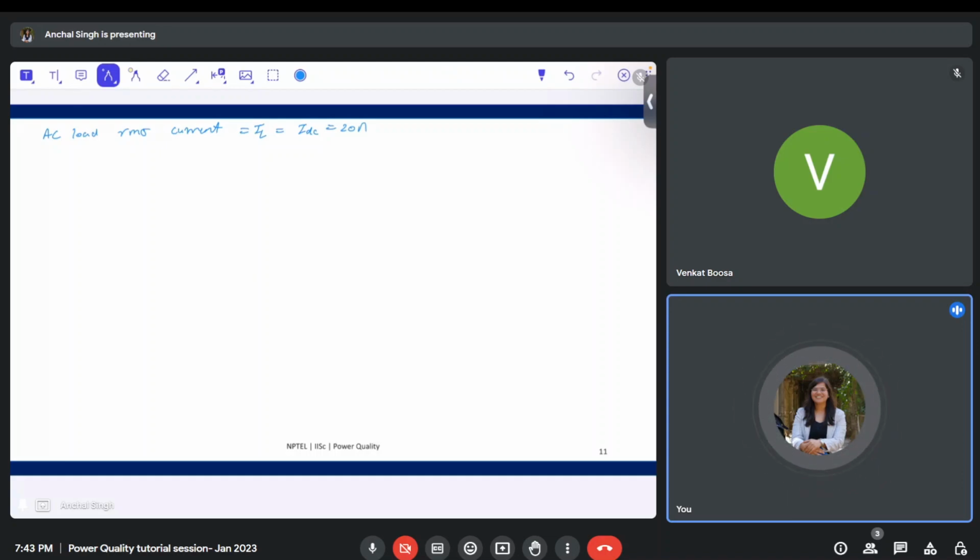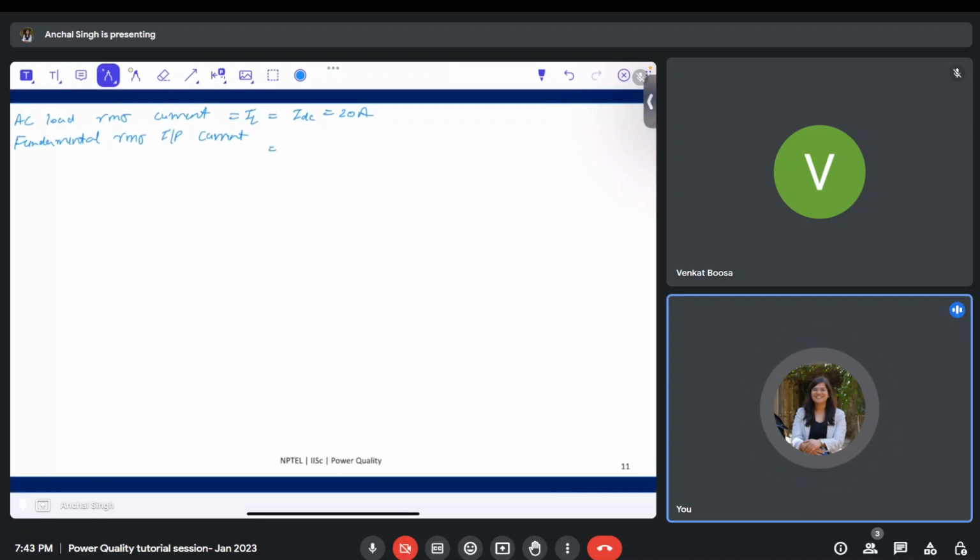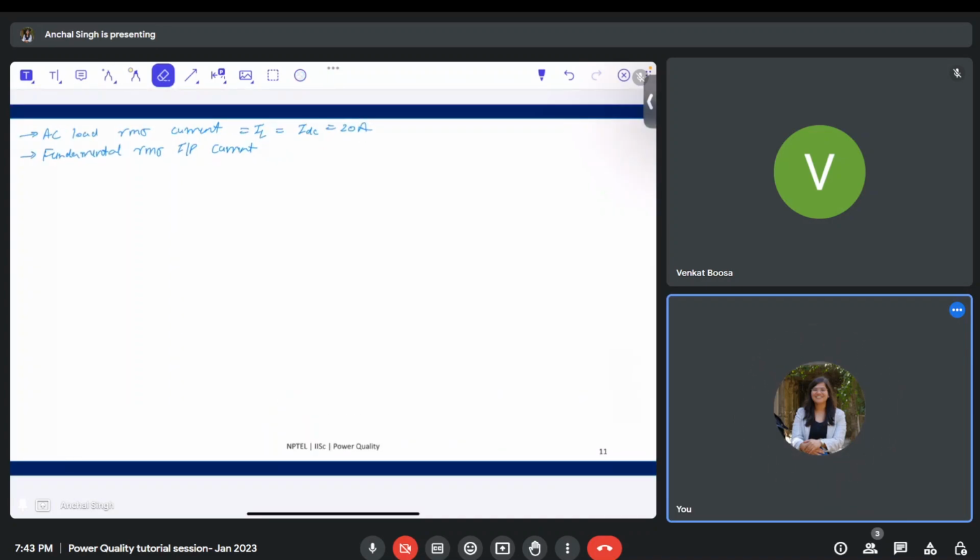Then the fundamental RMS input current of the thyristor bridge, let me call it I1 thyristor, I1T, is given as 2 root 2 by pi into IL.